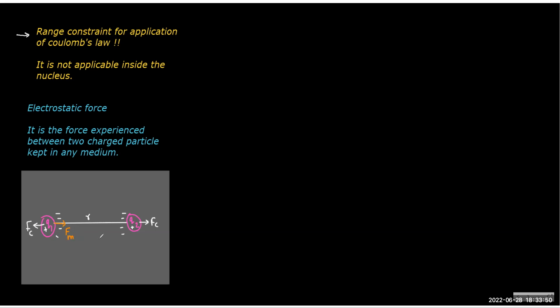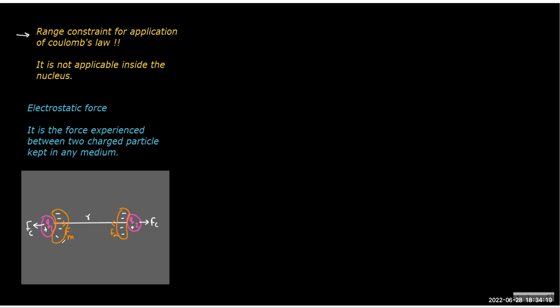So the medium, you can see that this negative charge is pulling the Q2 charge, and this negative is pulling the Q1 charge in the vicinity. This invisible attraction leads to the decrease of the net force.